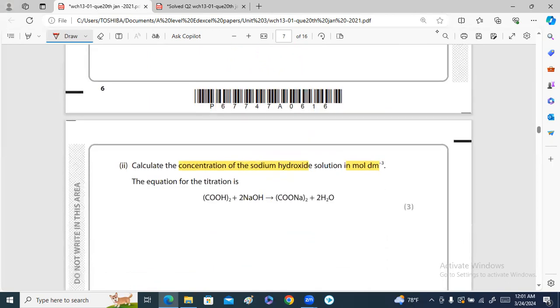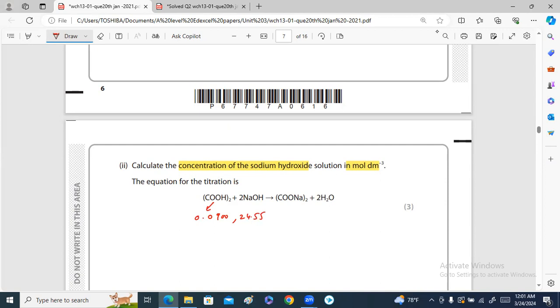Now calculate the concentration of sodium hydroxide solution in moles per dm cube. The equation for the reaction or the titration is this. So first of all, we know that the concentration of ethane dioic acid is 0.0900 in the question, and the mean titre is 24.55.